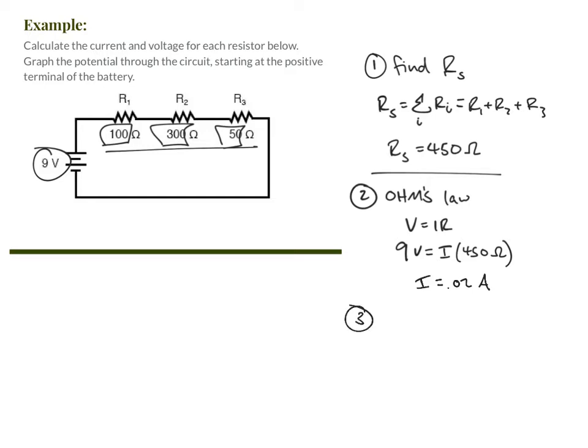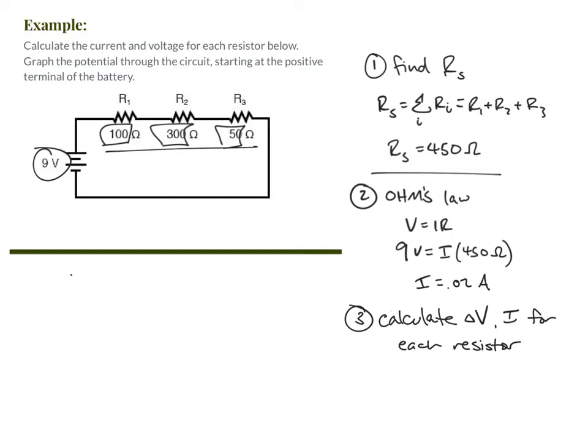Now, step number 3 is going to be calculate. Sorry, I can't spell calculate. Let's erase that. Calculate. Okay, we're going to calculate the potential difference across and current through each resistor. That's for each resistor.